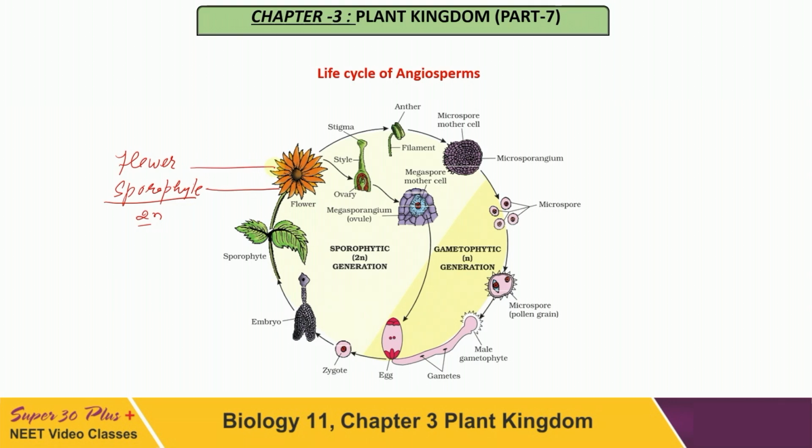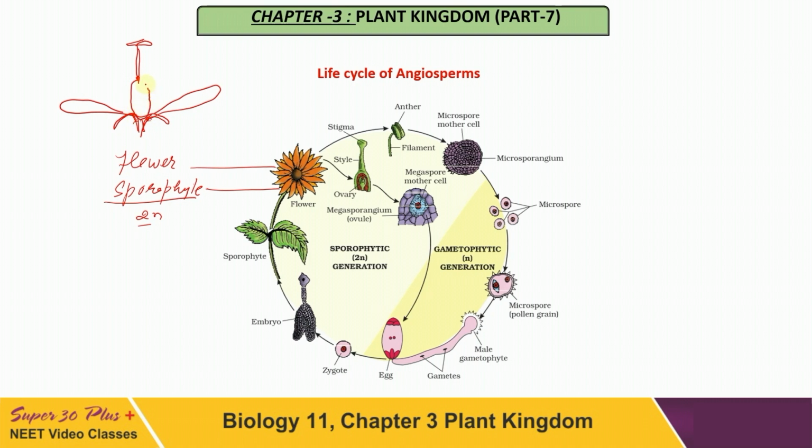If you draw the structure of the flower, this is the platform of the flower known as thalamus, this is the outer whorl known as calyx, this is the inner colored whorl, usually corolla. At the center we have the carpel.